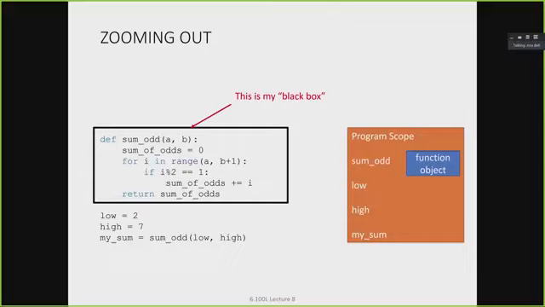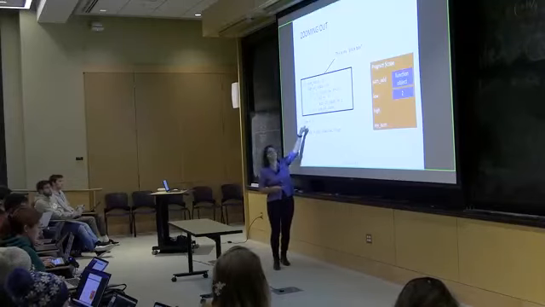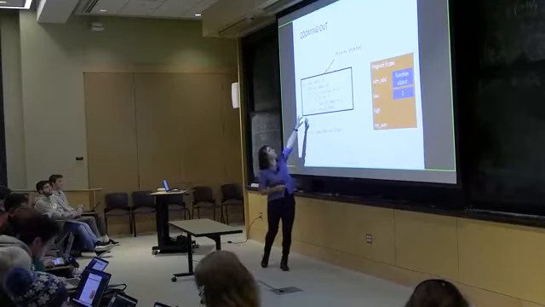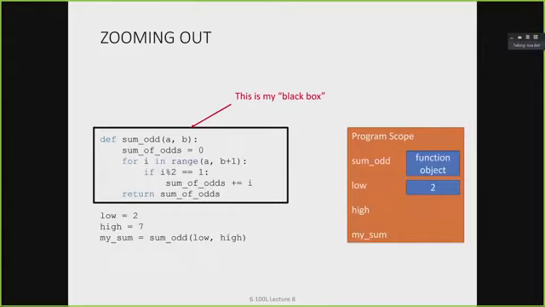Drawing a parallel, when we create a variable as we have been so far, here we're creating an object 2 whose name is low. In that same way, the black box is saying, I am creating a function object that has some code associated with it whose name is SumOdd. So in this case, I've got SumOdd, low, and high as 3 objects inside my program.